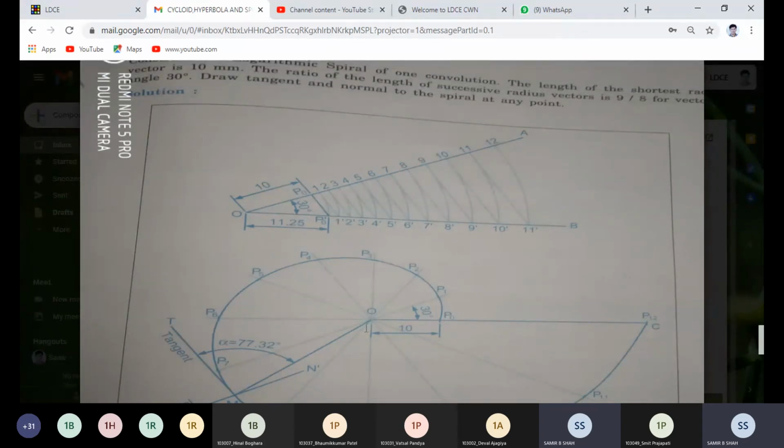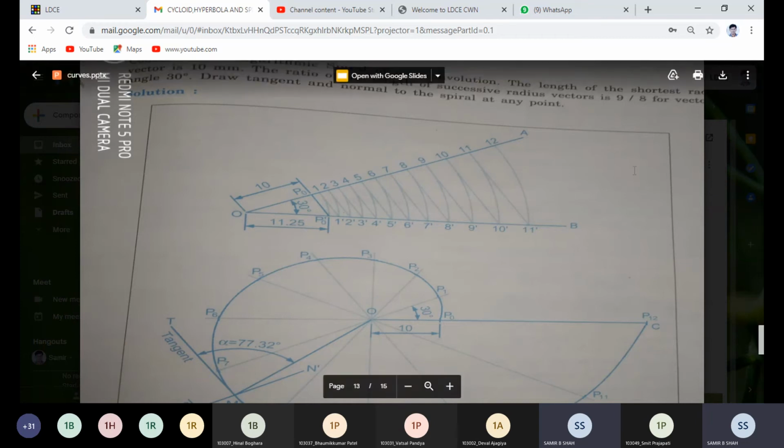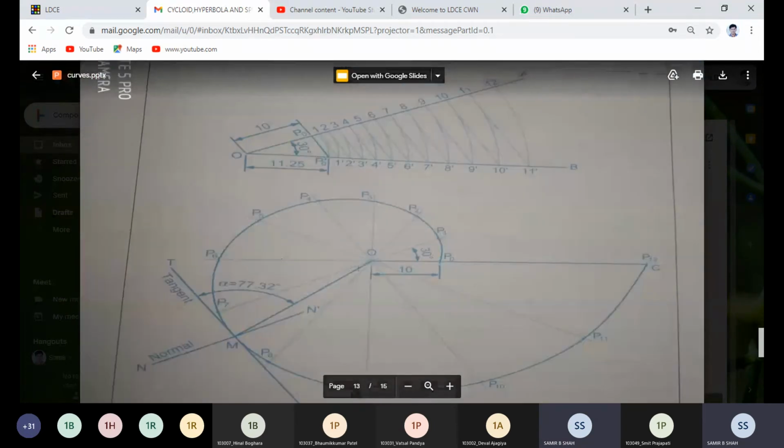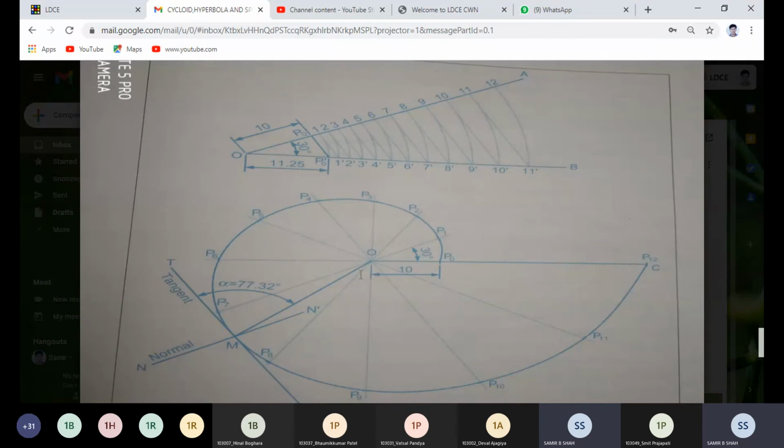Draw the different 11 radius vectors having the angle between them equal to the vectorial angle. Here the vectorial angle is 30 degrees as shown in the data. So each and every time you may create 11 parts with 30-degree angle.